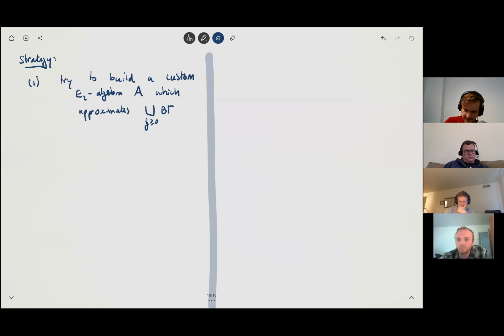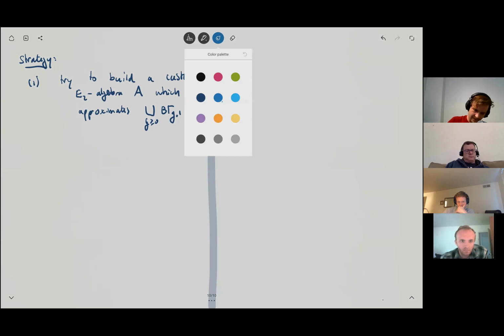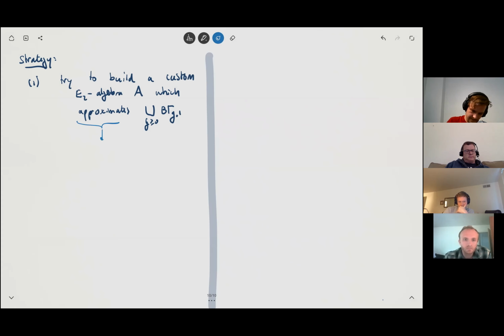Now, what I mean by approximate is something relevant to the situation at hand. I mean that it captures the homological stability phenomena in a range. So it won't actually be a good approximation in the sense that it's going to have the same homology or something.